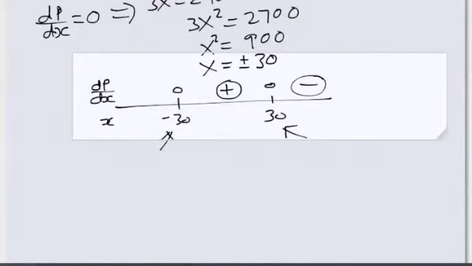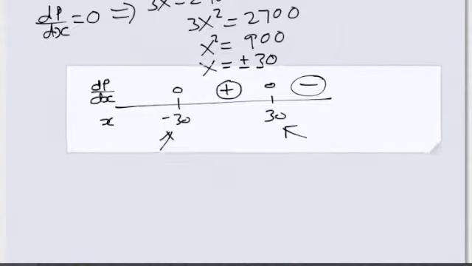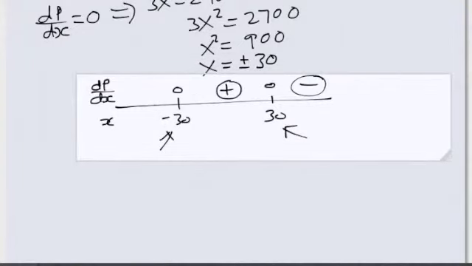So this shows that x equals 30 maximizes P, hence the number of items that will maximize profit is x equals 30.